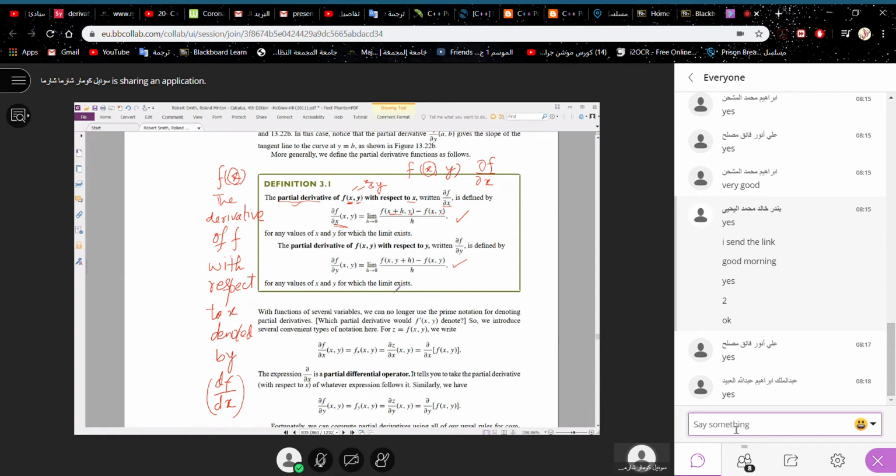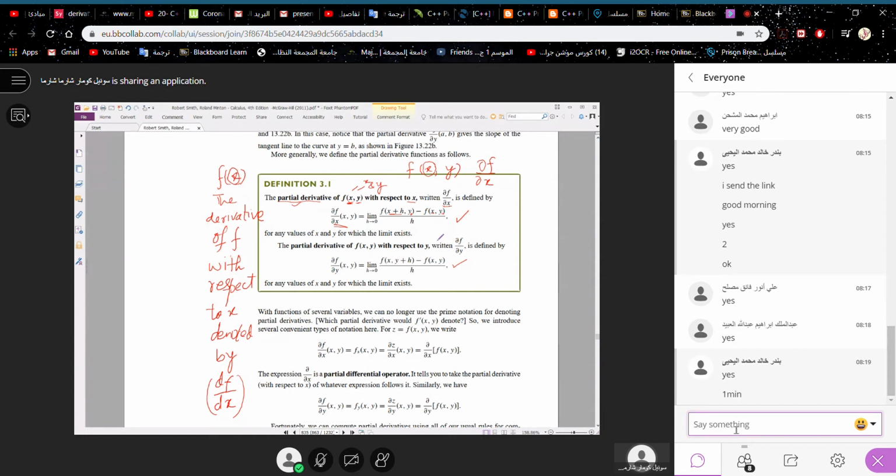If we differentiate f with respect to y, then we treat x as a constant. Simple. Please note down this. Are you noting down? This is also written as fx. This is written as fy.